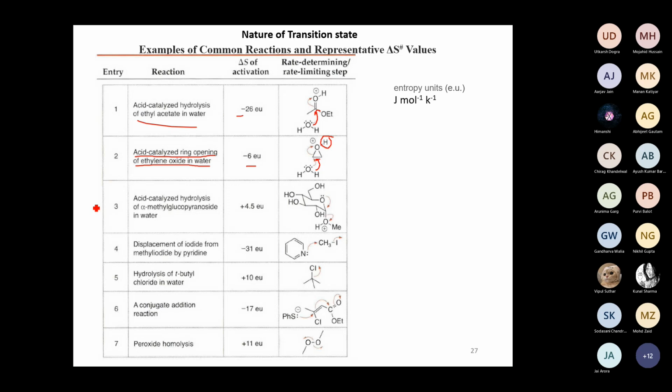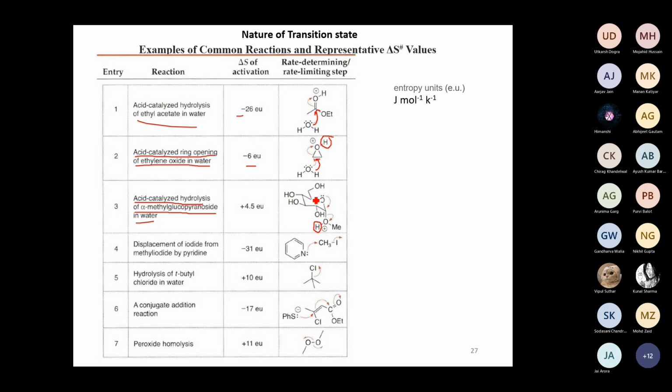Okay, so the third one you can see is the acid catalyzed hydrolysis of alpha methyl glycopyranoside in water. Okay, this is the hydrolysis. The first step is that H plus will coordinate. This is a glycoside.